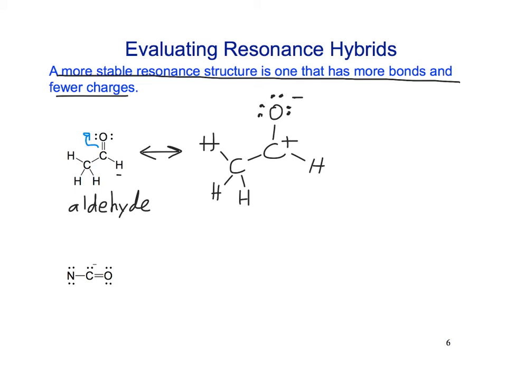All right, so these two molecules differ only in the positions of their electrons. So they are, in fact, resonance contributors or resonance structures. So let's determine which one is more stable.